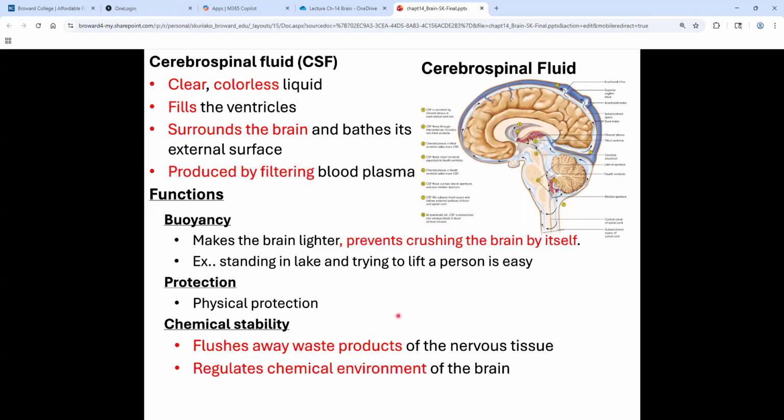The body wants a constant internal environment, and CSF has to be within that tight range. It cannot be more acidic. It cannot be more alkaline. It has to stay within that range. That is what the general body wants, and that's exactly what the CSF wants. So that chemical stability is provided by the CSF.